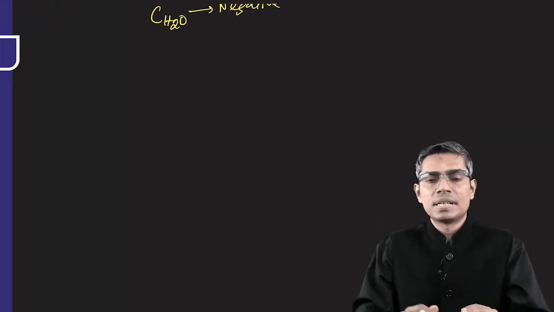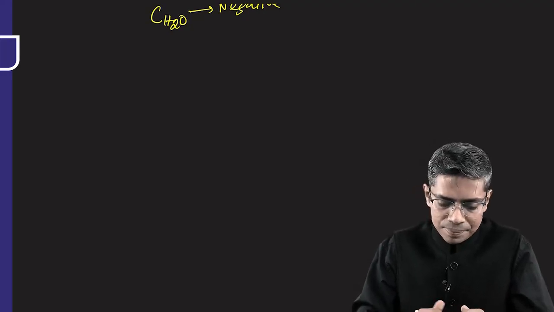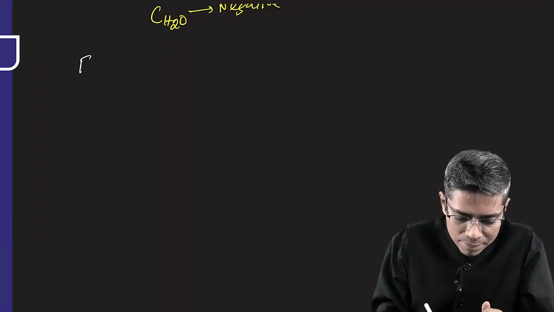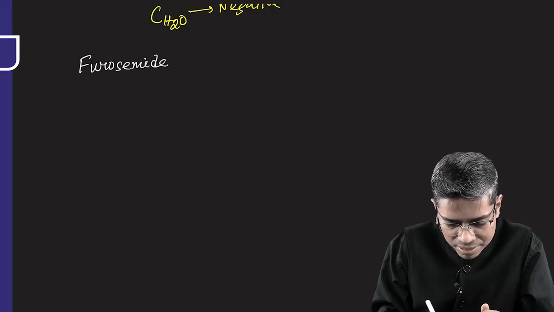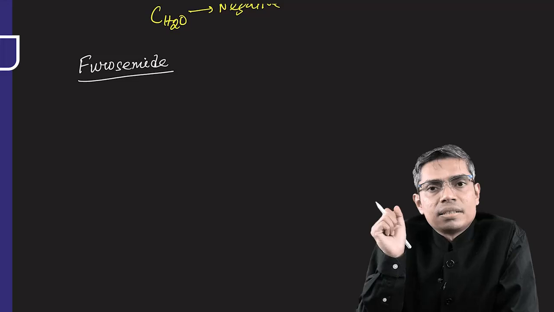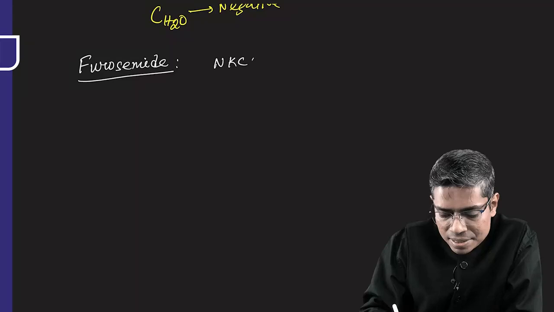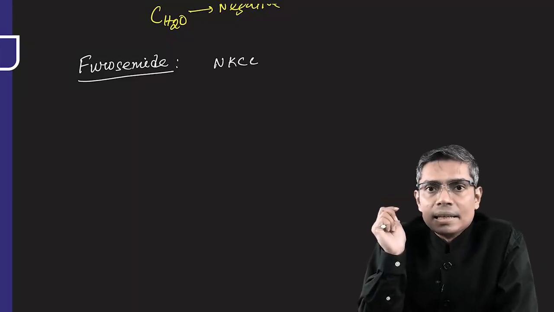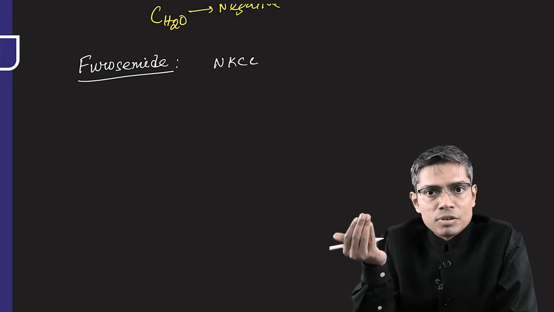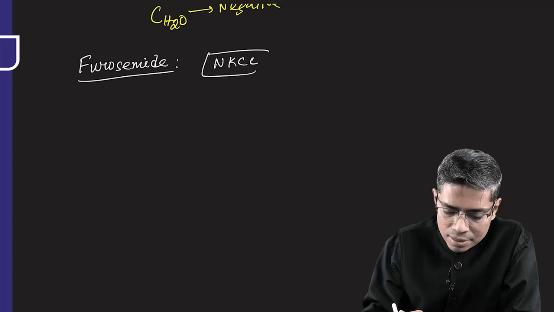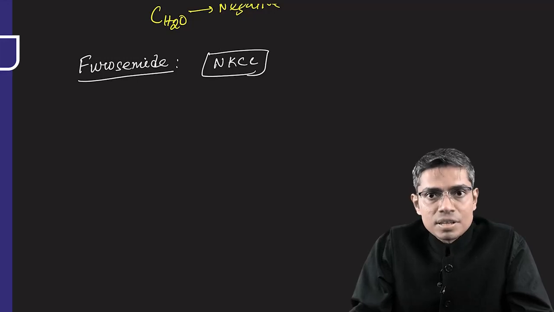Now sometimes certain applied aspects can be asked from this topic. For example, if you give furosemide, Lasix diuretics, we know that these diuretics block the NKCC transporter at the level of the TAL. So you must be thinking that sodium chloride potassium absorption will be inhibited, so a huge amount of solute will be excreted and the urine will be concentrated.